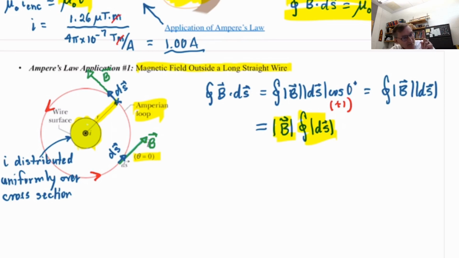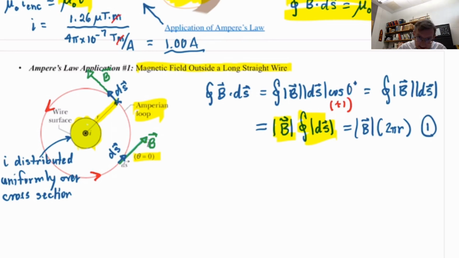Well, that's just going to be the total length once around, yes? That's called circumference when you're talking about a circle. There's a well-known formula for that. So my expression for the circulation is B magnitude, and the circumference of the circle is 2 pi r. I'm going to number that equation 1. That's the circulation formula for this circular Amperian loop.